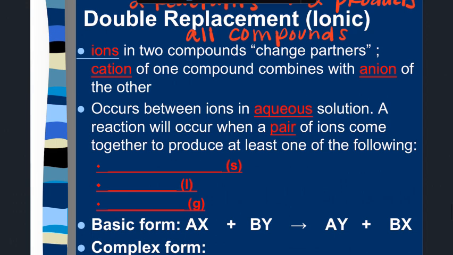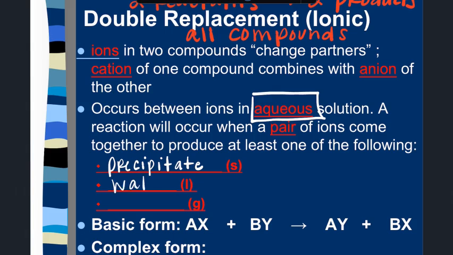And this happens always in an aqueous solution, which just remember means something dissolved in water. And a reaction will occur when a pair of ions come together, and what they produce is possibly a precipitate. Remember, that's a solid. Perhaps they come together to form water, which would be a liquid, or perhaps they come together and form some gas.